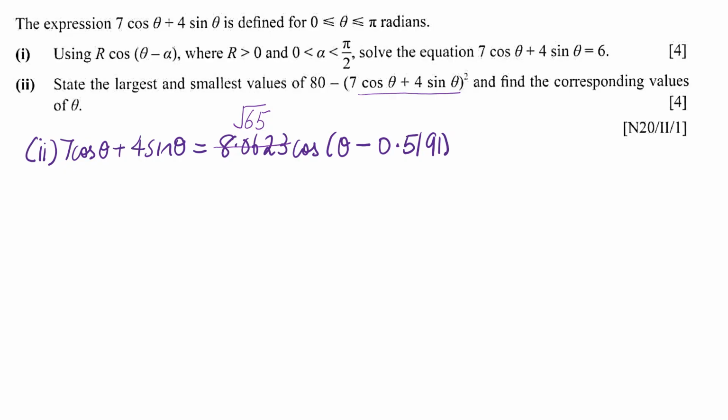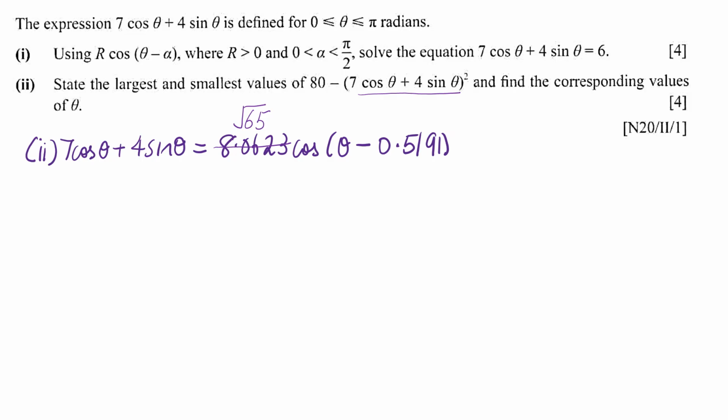But in case you don't leave it as square root 65, will you be penalized? I do not think so. As long as you show your steps properly and you leave your final answer to 3 significant figures, and for angle, it's 1 decimal place, unless otherwise stated in the question.